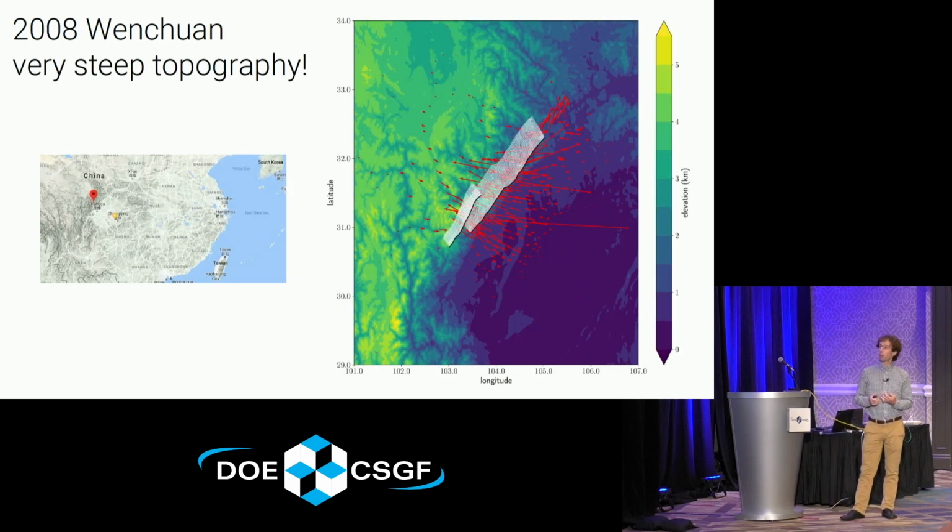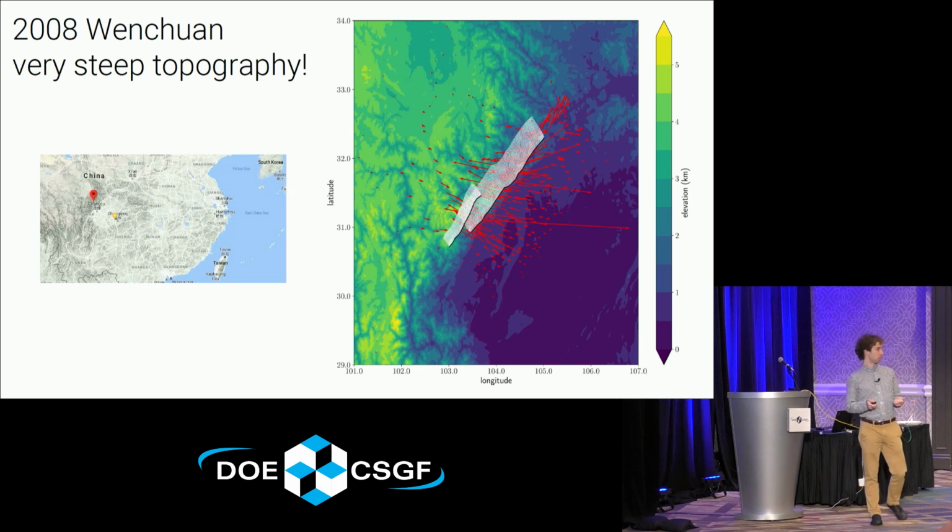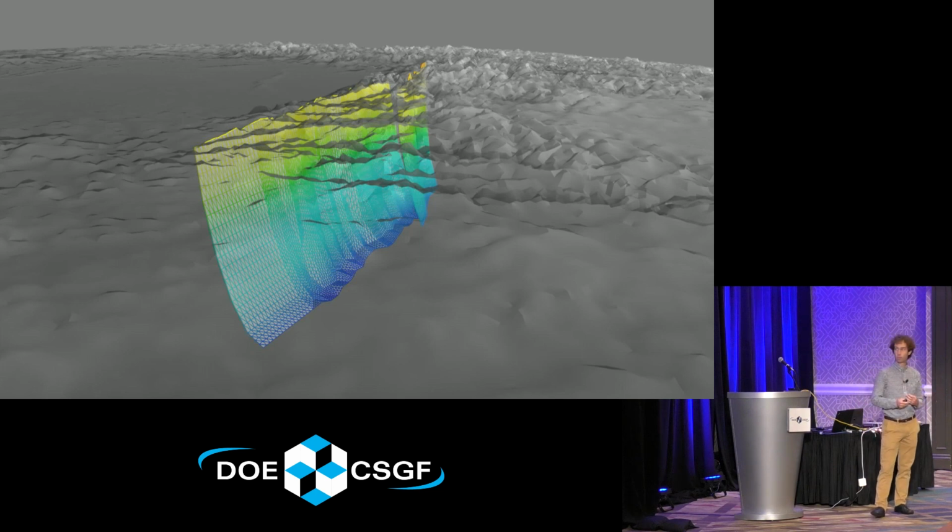So let's talk about the Wenchuan earthquake. This is a major earthquake in an area of steep topography in western China at the edge of the Tibetan Plateau. I'm showing all these red arrows are the motions observed on the surface using GPS stations after the earthquake. Then this is a fault mesh inferred from all sorts of different data.